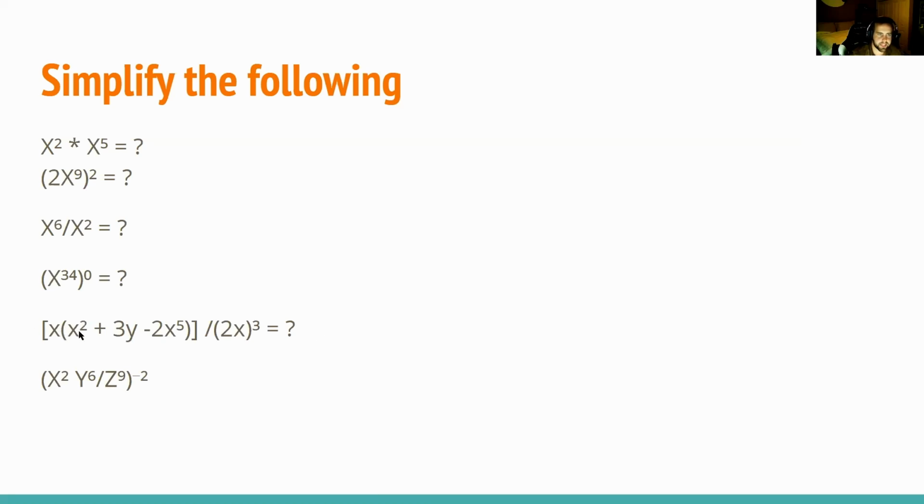And that would actually simplify to 1 in the end because we still have a number in front of that x. So the final answer should be 1 plus 3 times y times x to the power of negative 2 minus 2x to the power of 3. And that's all going to be divided by 8 because we did 3 to the power of that 2, and that becomes 8.